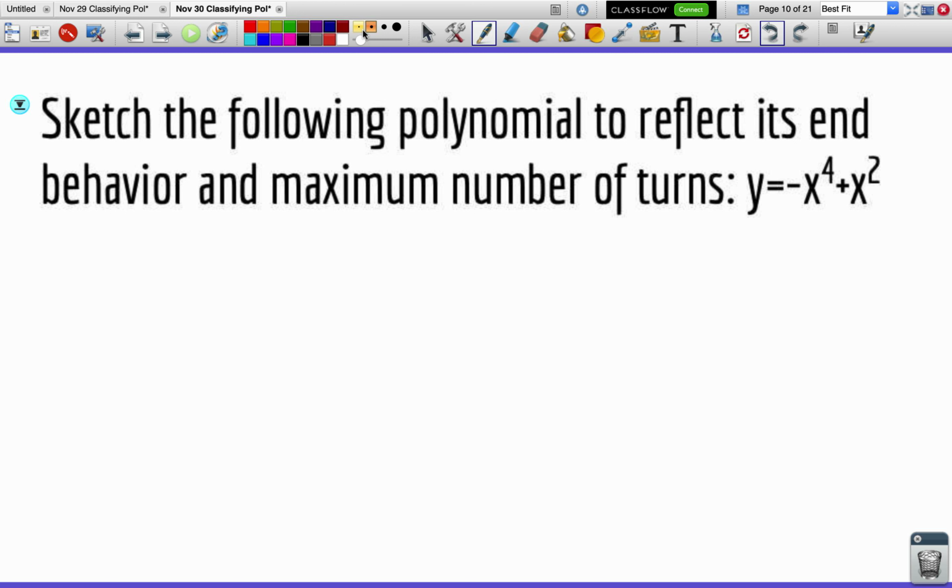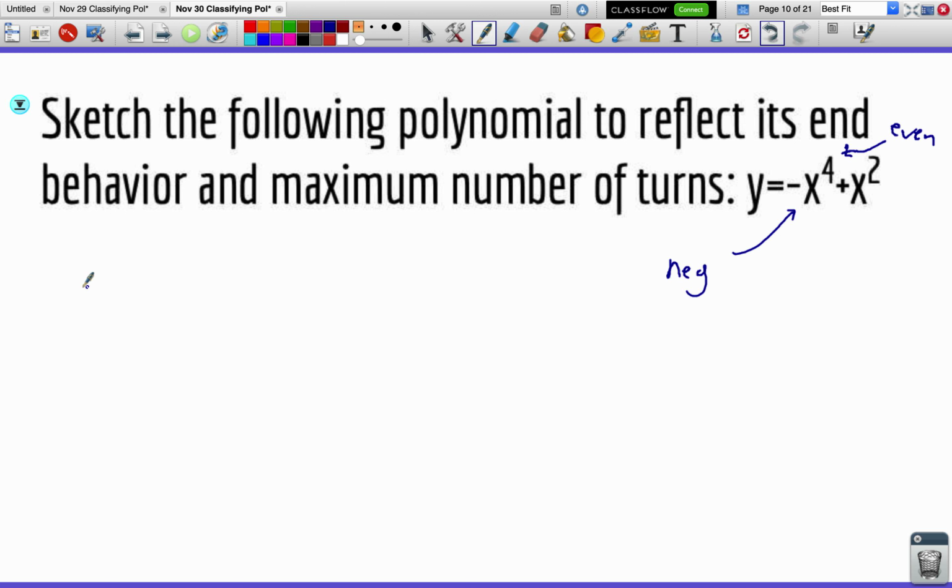So this polynomial here, we could say it is negative because it has a negative in front of its biggest term, meaning its leading coefficient is a negative 1. All right, and then the degree is a 4, but all I care about that 4 is just that it's even.